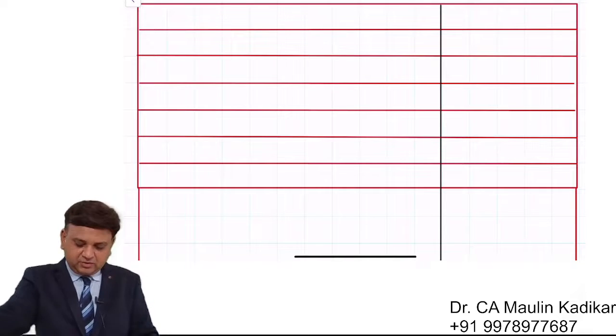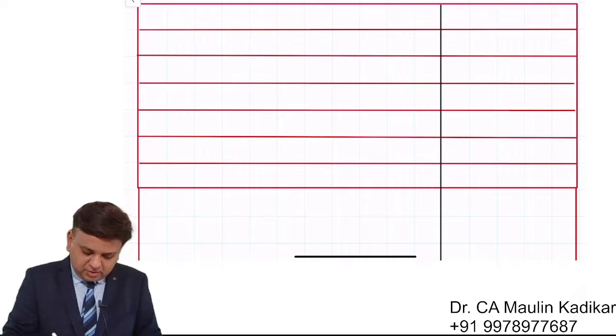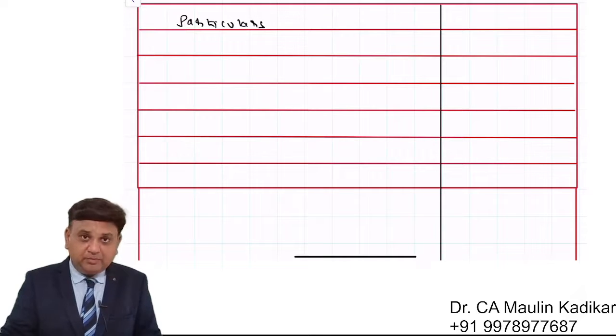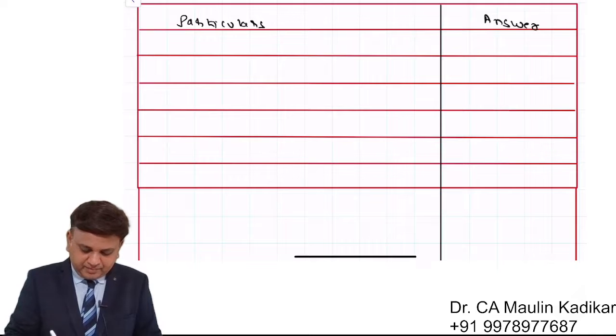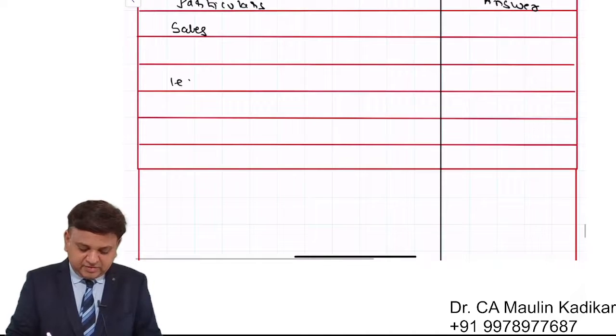So over here we can calculate the answer in this way. Column number 1 is particulars. Column number 2 is answer. In that we can start with the sales less variable cost.